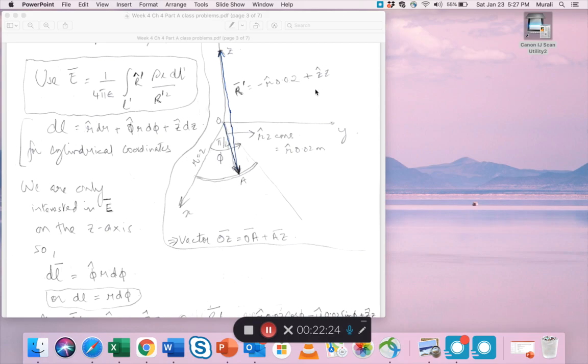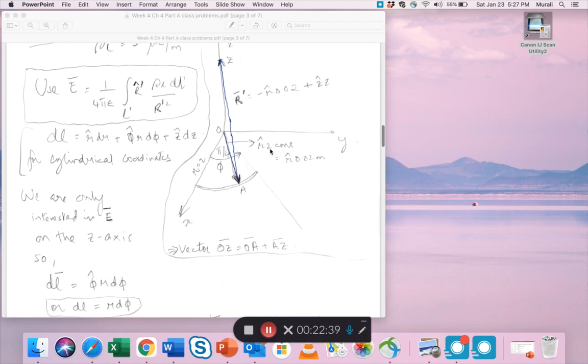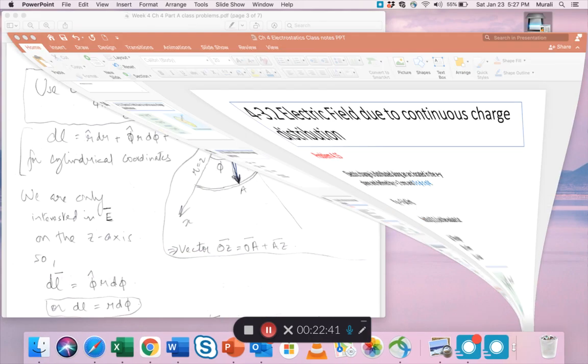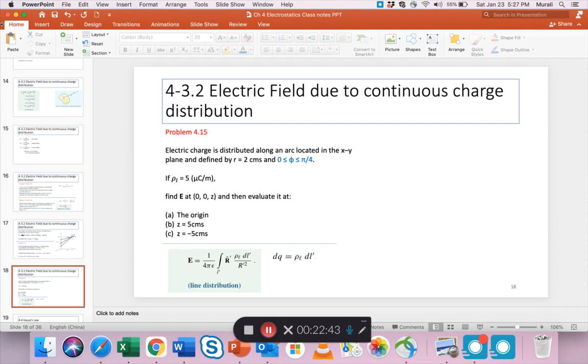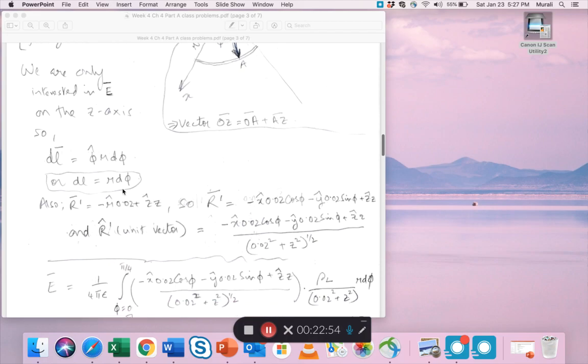OZ is this unit vector z with a height of z, and this is given to be 0.02, right? What is the value given here? 2 centimeters, right? So that's why it's 0.02 meters. So you can write this vector as this, okay? So that vector is known.